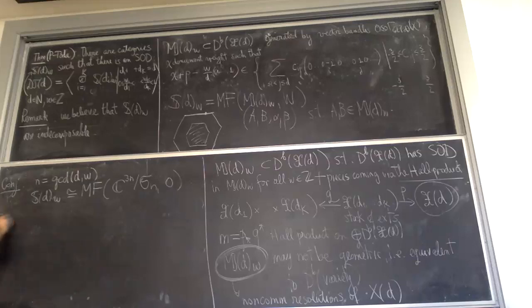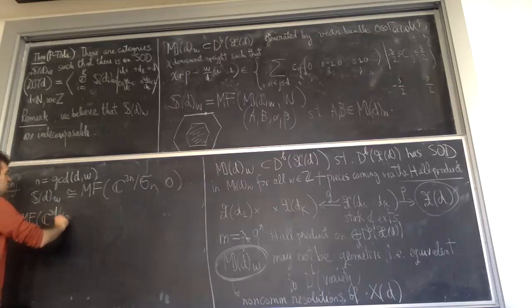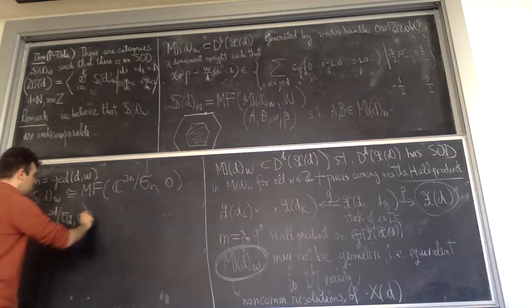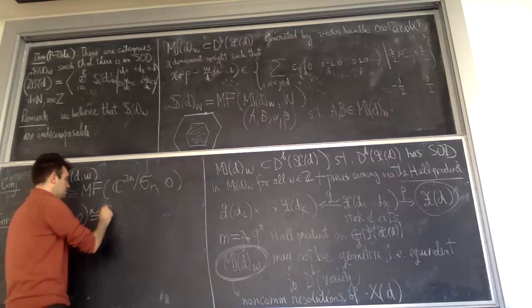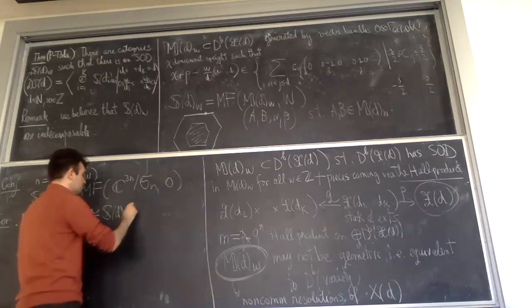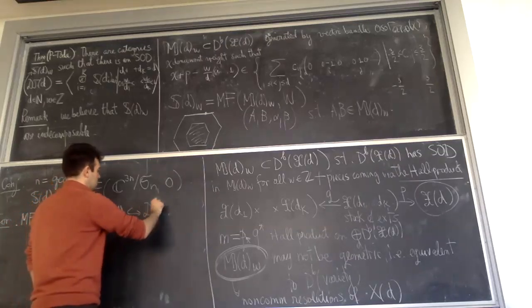Then a corollary using our result is that matrix factorization for C^3d mod Sigma_d for zero potential is equivalent to SD_0 inside the DT category.